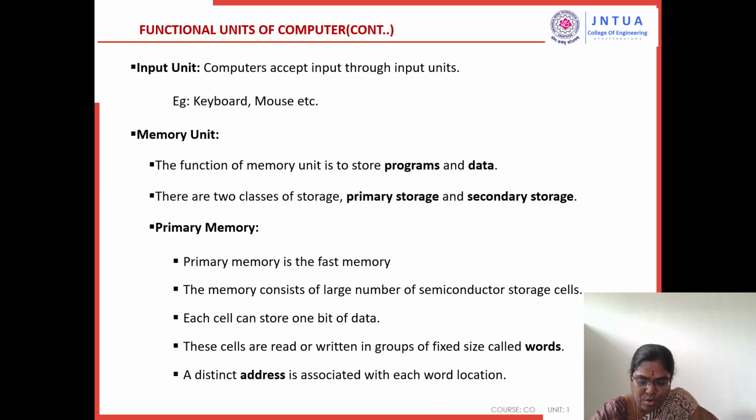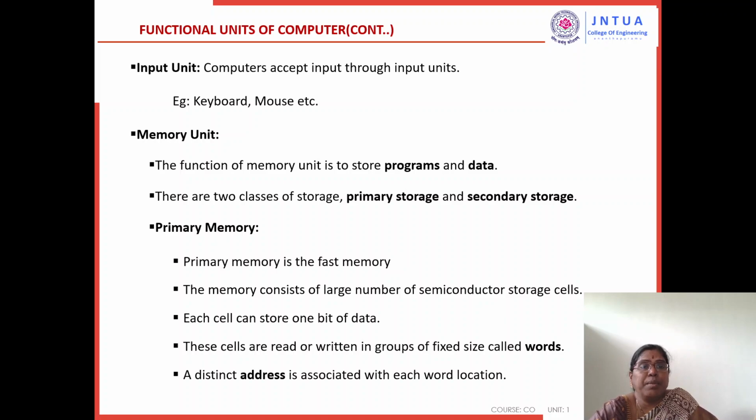If you want to execute any program, the software must be present in the primary storage; only then can we execute the programs. But the primary storage is temporary storage. For permanent storage, we use secondary storage. The primary storage is RAM and the secondary storage is a hard disk.